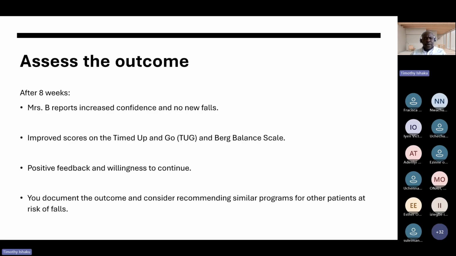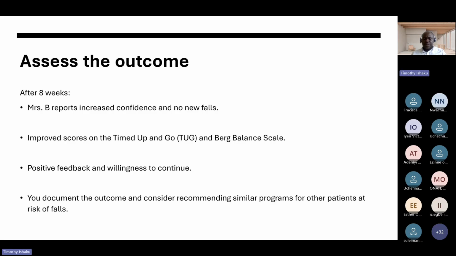So you can look at outcome measures, for example, the TUG or the Berg Balance, and see whether the patient has improved on it. And you can get some views or experiences of the patient and her willingness. You assess whether she's willing to continue, and the feedback.